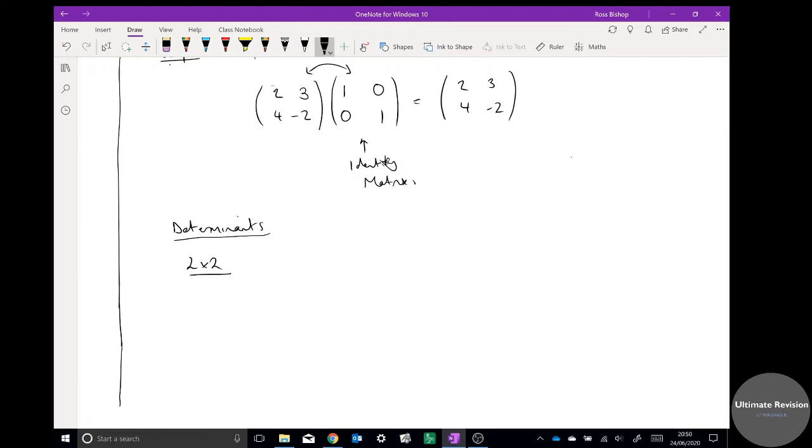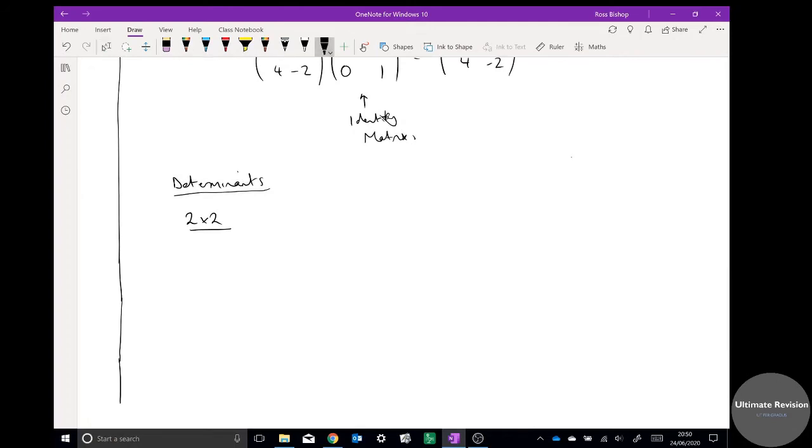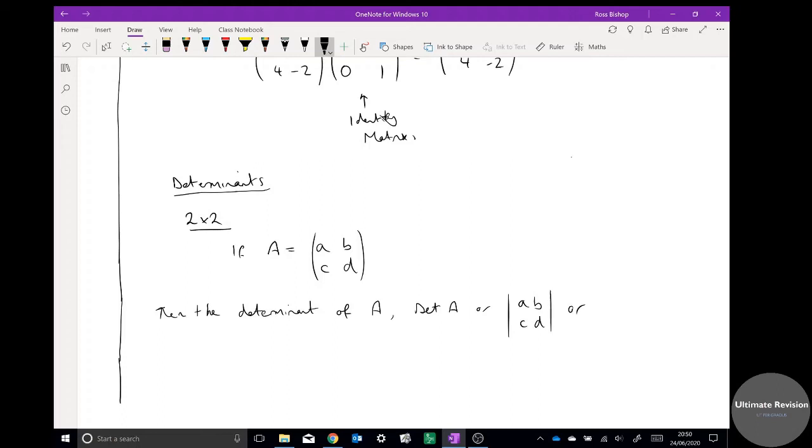So we're going to look at 2 by 2 matrices first. In fact, we only look at 2 by 2 and 3 by 3. Now if the matrix A equals a, b, c, d, then the determinant of A is also known as det A, or I could write it in modulus brackets, or very occasionally it's a triangle.